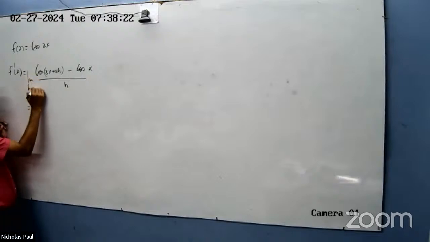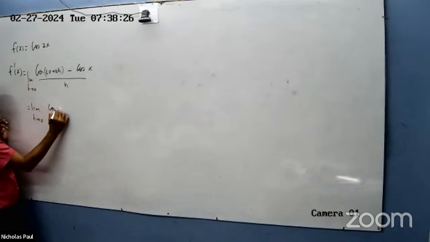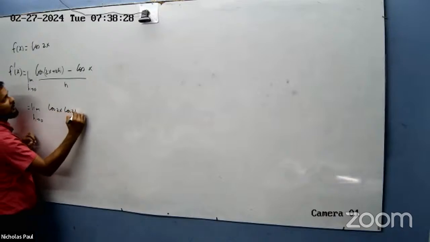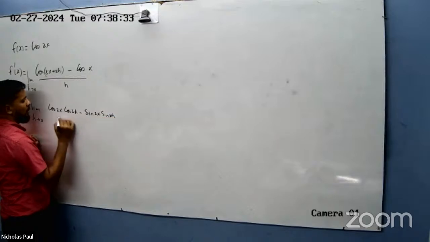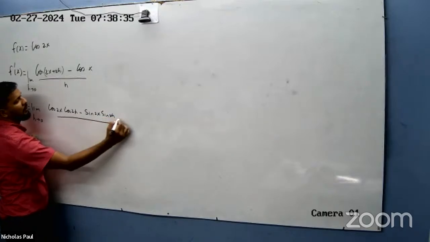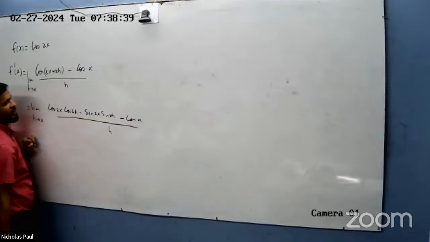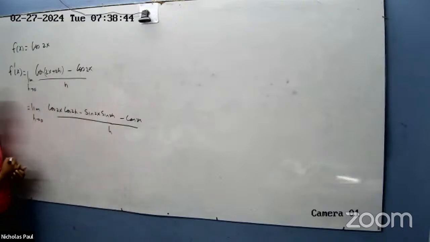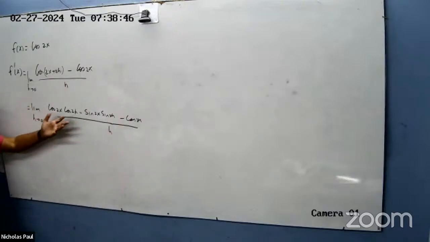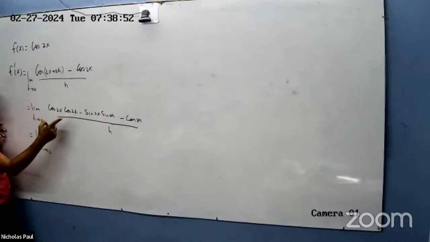Cos 2x cos 2h. So you have the limit as h approaches 0 of cos 2x cos 2h minus sin 2x sin 2h, all over h, minus cos 2x all over h. Can I bring the cos 2x part together again?